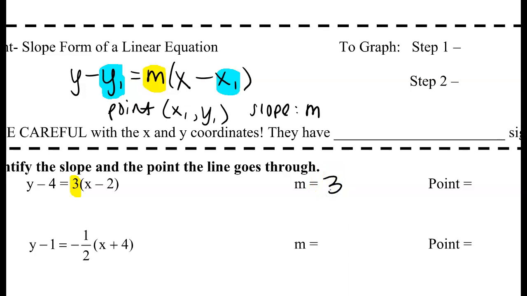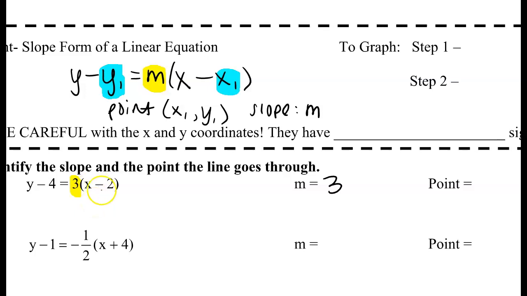Now the point is where it gets a little bit tricky, because there is something you have to remember. One of the numbers is inside the parentheses, this x1 up here, and the other number is y1, which is on the left side of the equal sign. The x coordinate for the point is always going to be close to where the x is in the equation.